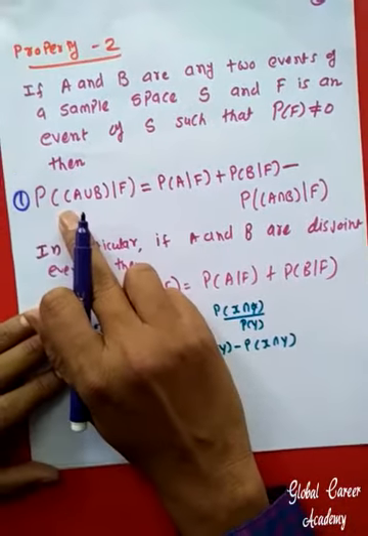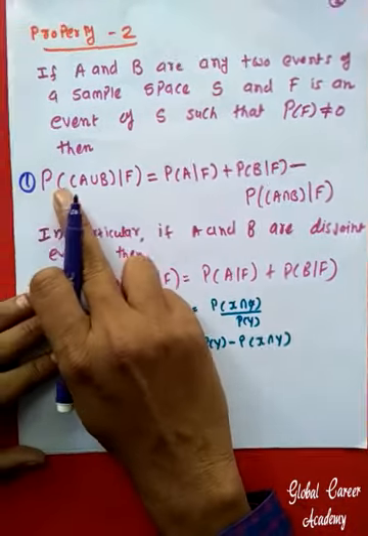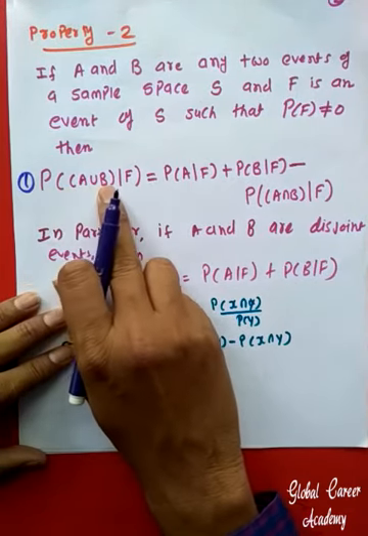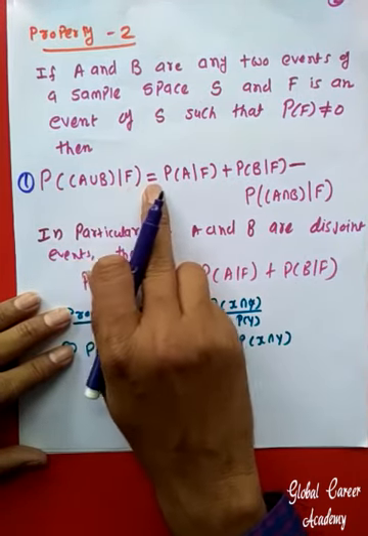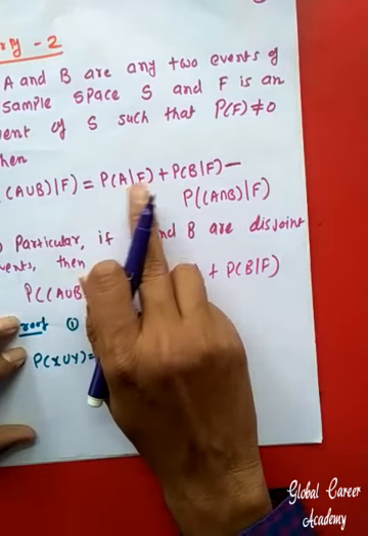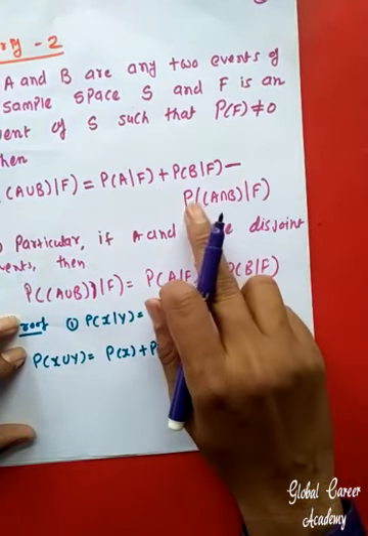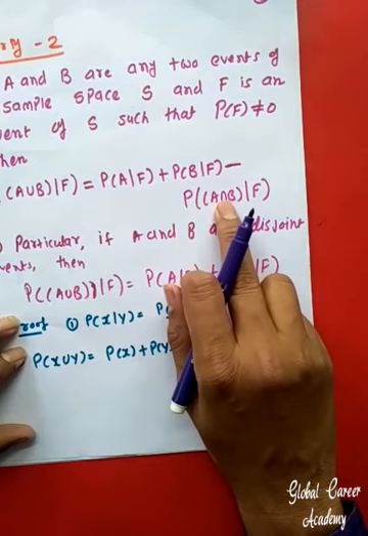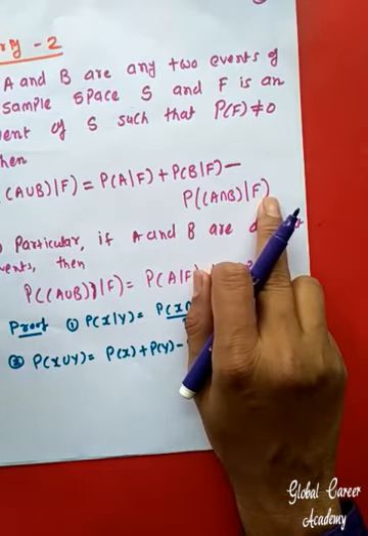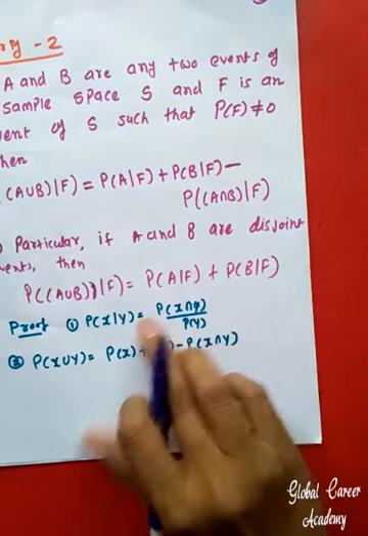It is a somewhat big equation: P of A union B given F is equal to P of A given F plus P of B given F minus P of A intersection B given F. This is what you have to prove. This is part 1.